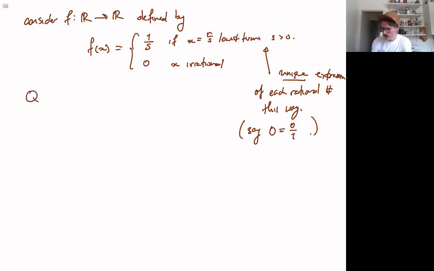So let me ask a bunch of basic questions about this function. But actually, let me first say, why is this an interesting function? If you're familiar with your calculus, this is a really nice example of a function that is continuous at irrational numbers and discontinuous at rational numbers.